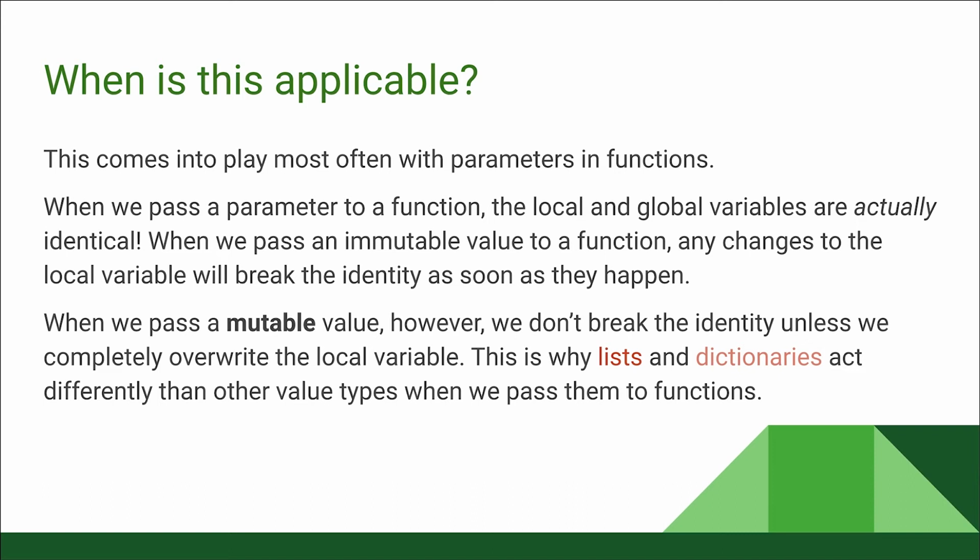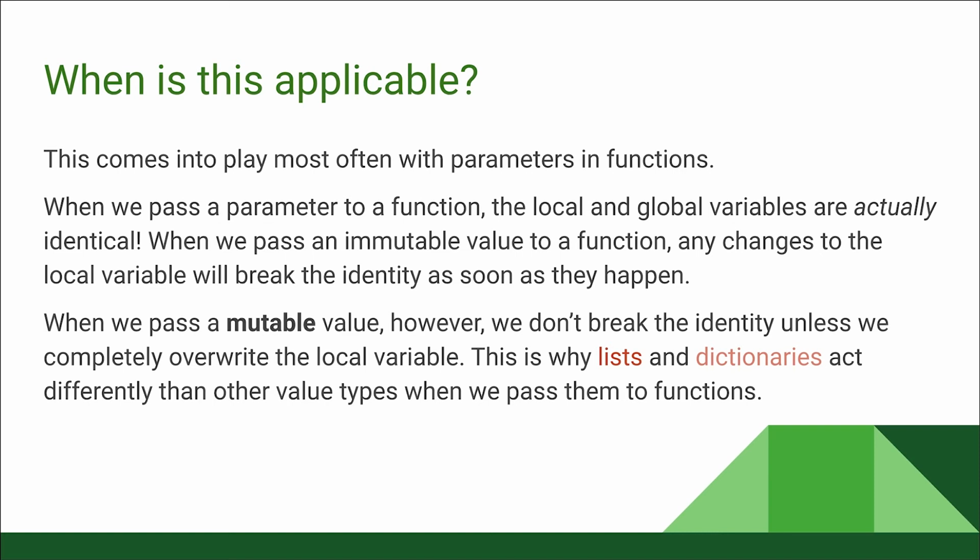All we can do is completely overwrite it with a new value. When we pass a mutable value to a function, though, like a dictionary or a list, we don't break the identity unless we completely overwrite that local variable. And that's why lists and dictionaries act differently than any other value type when we pass them into a function.